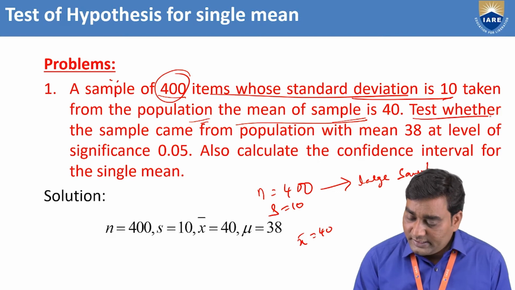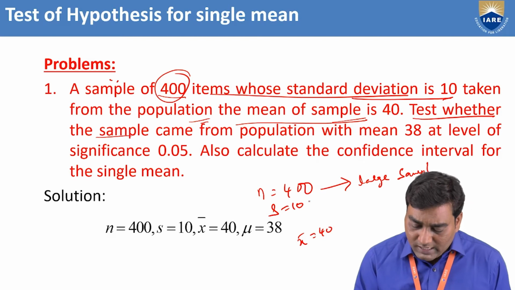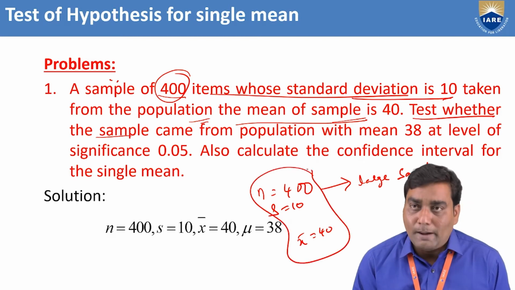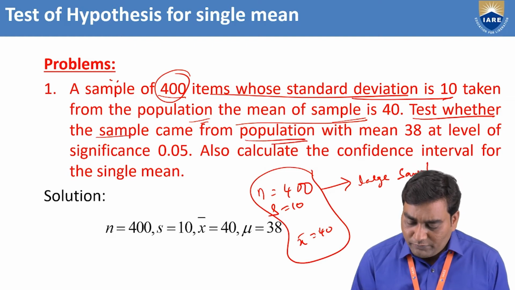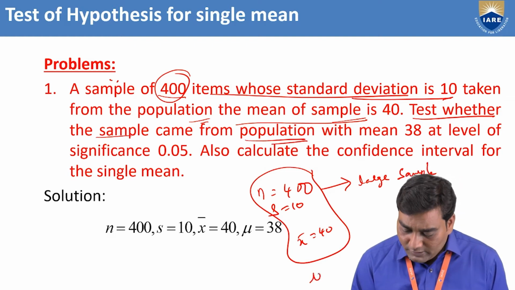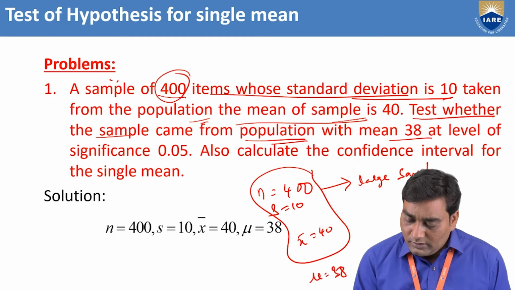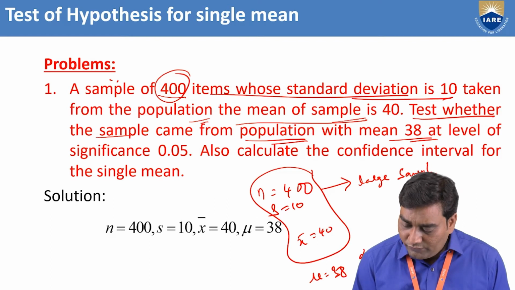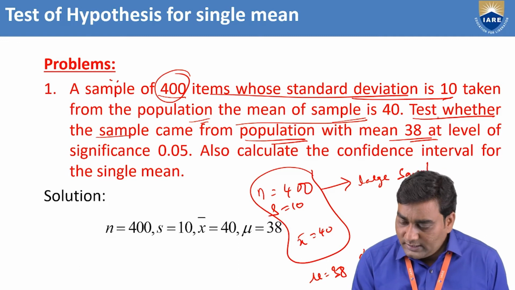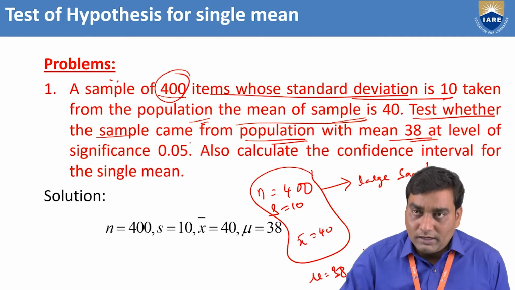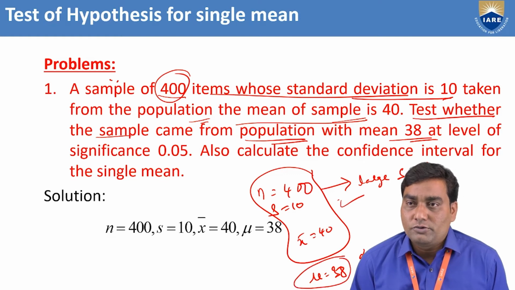The question is to test whether this sample data came from the population with mean mu equal to 38, where mu is the mean of the population, at level of significance alpha equal to 0.05. We are going to test whether this sample came from this population or not. That is our question.